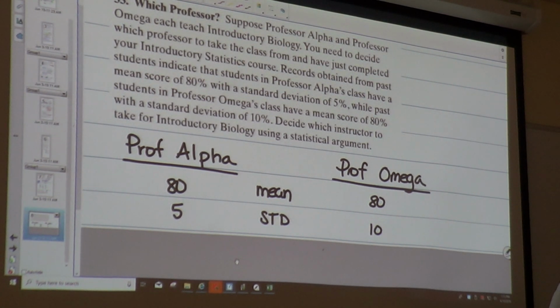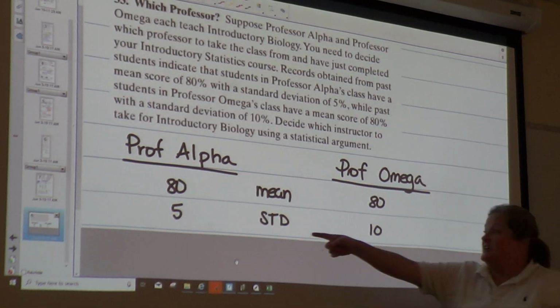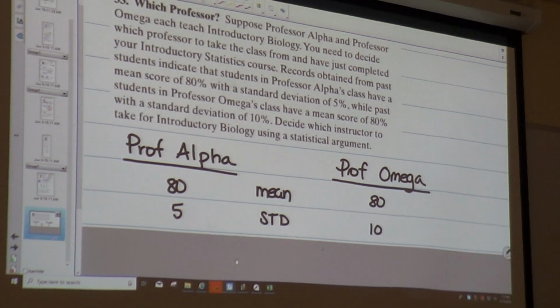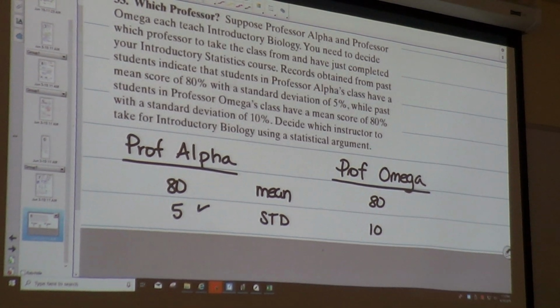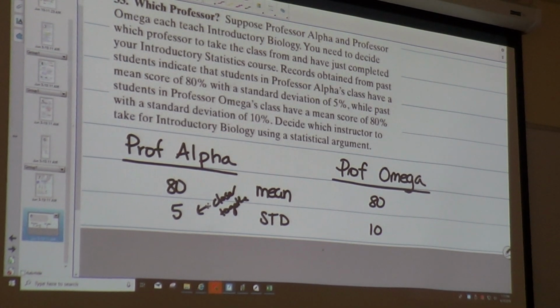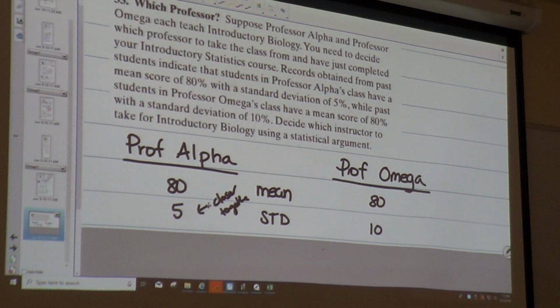Alpha because he's more consistent. Alpha because the grades are not going to be as wide. So that's telling you that these grades are going to be closer together. So you're more likely to make around an 80. Here, the grades are going to be spread out.